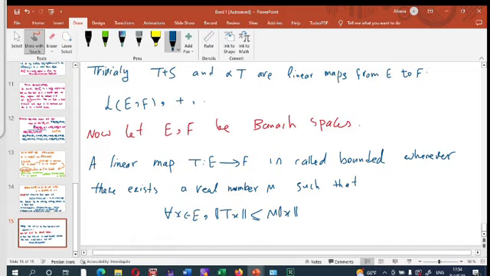Please note that the norm of Tx must be considered in F, but this x is an element in E, so this norm is the norm in E.